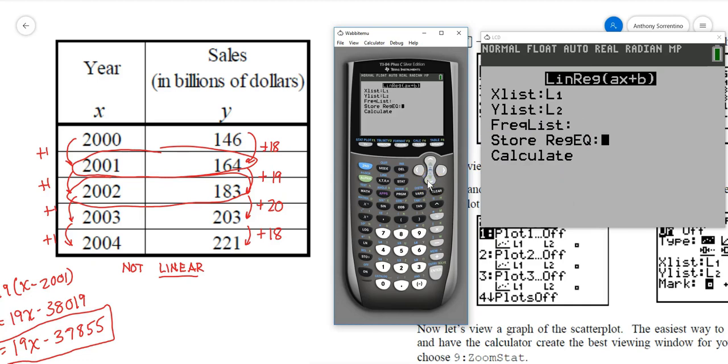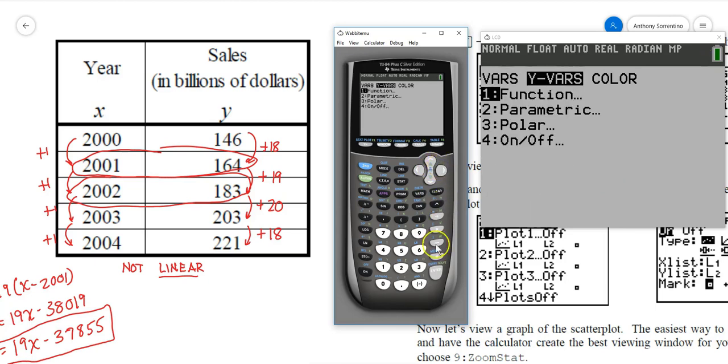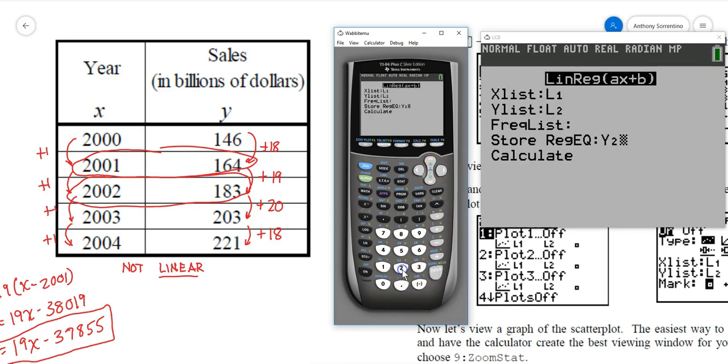You can just leave that alone and eventually just use the regression equation command. Depending on your calculator model, this may not be available here, so you might have to deal with that at a later time. But I could now go to variables and choose Y2 to store it there, and I can calculate it.